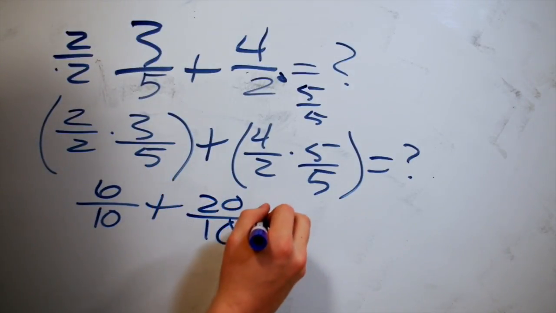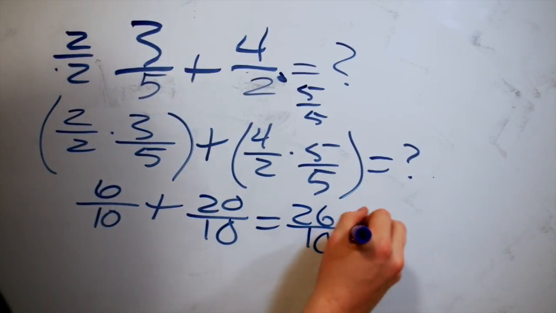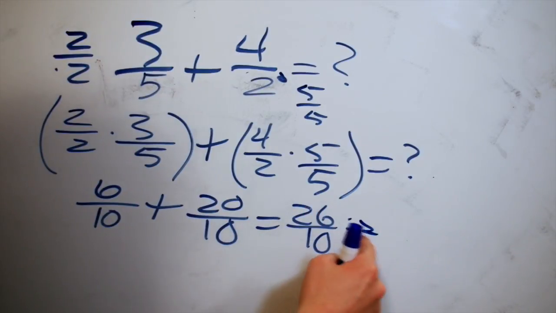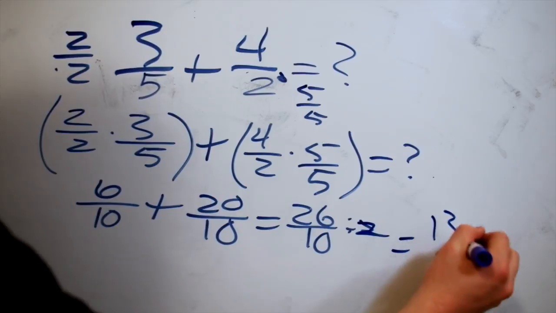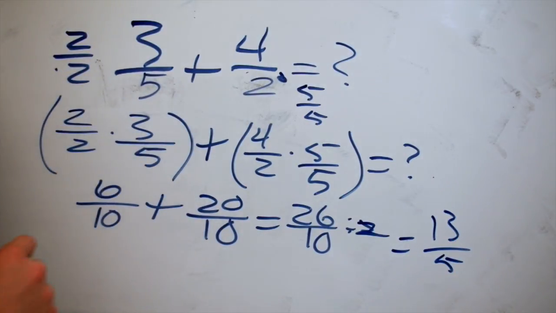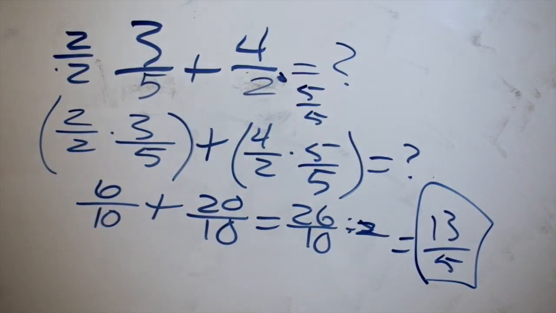Plus 4 times 5 is 20. And 2 times 5 is 10. So 6 over 10 plus 20 over 10 is 26 over 10, which is both divisible by 2. And that'll give us 13 over 5. And I'm going to forget that I need to box up the problem. Here I go. Hey, and I box it up.